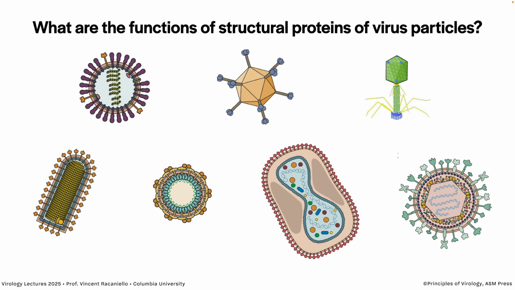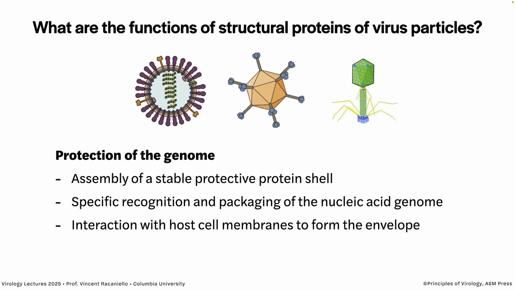They exist for a variety of reasons, which includes to protect the genome, right? The genome inside is precious, the DNA or the RNA. This travels around the environment. It travels within organisms. It travels within the environment in water and dirt and so forth. And so the shell will protect it.